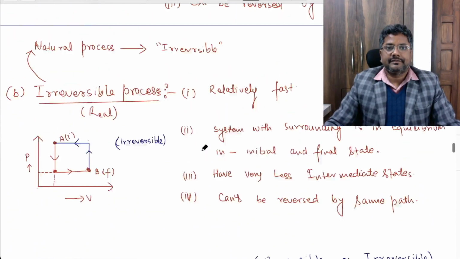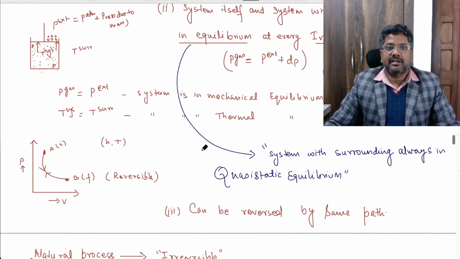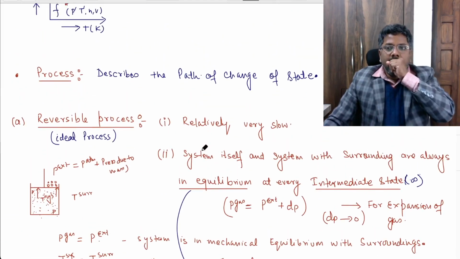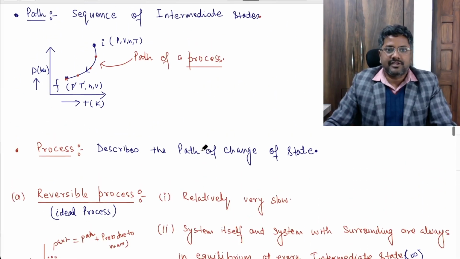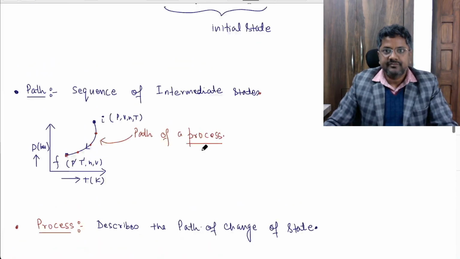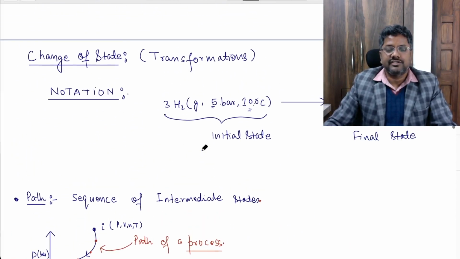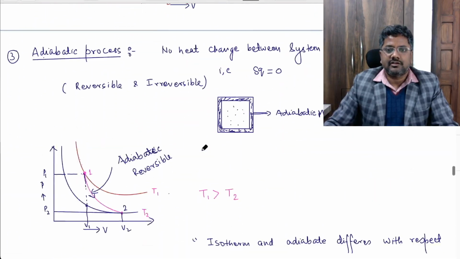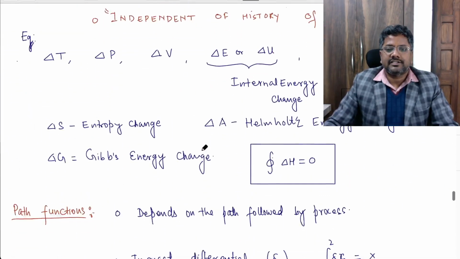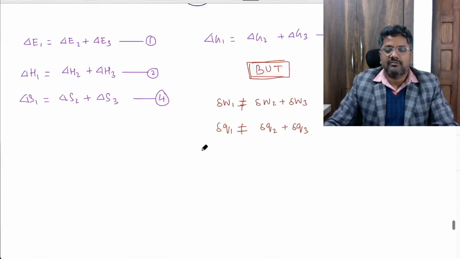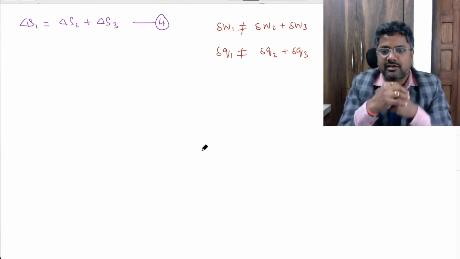Reversible, irreversible, isochoric, isobaric, what is state, what is path, what is process, every notation, change in state, everything I have completed in general, right? Now let's start. What is the meaning of heat? What is the meaning of work, PV work? How many types of work do we have?